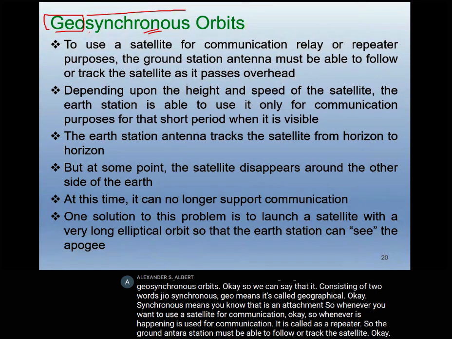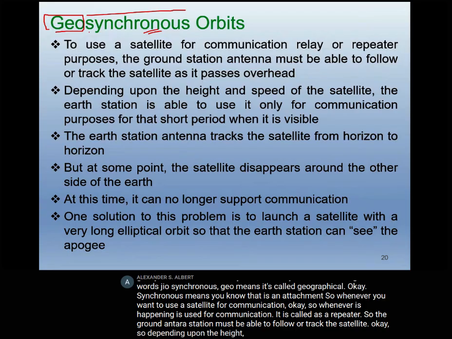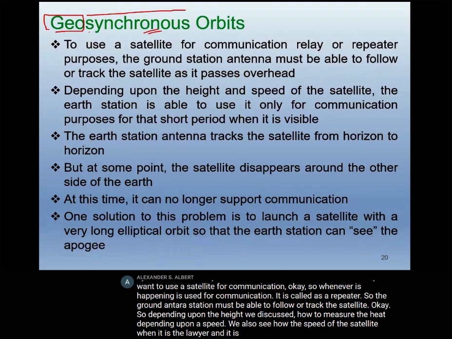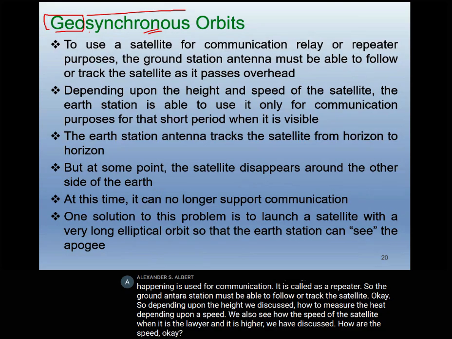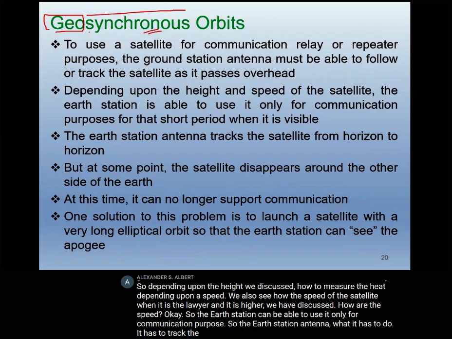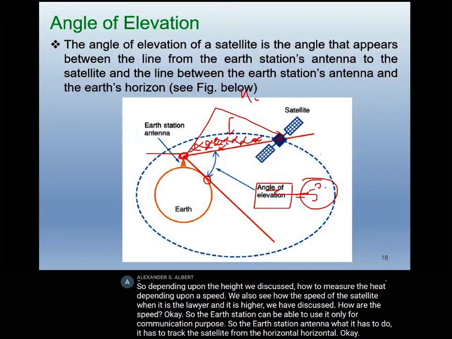Depending upon the height, we discussed how to measure the height, and depending upon the speed, we also saw how the speed of the satellite is lower or higher. So the Earth station can use it only for communication purposes. The Earth station antenna has to track the satellite from horizon to horizon, because the satellite is moving.